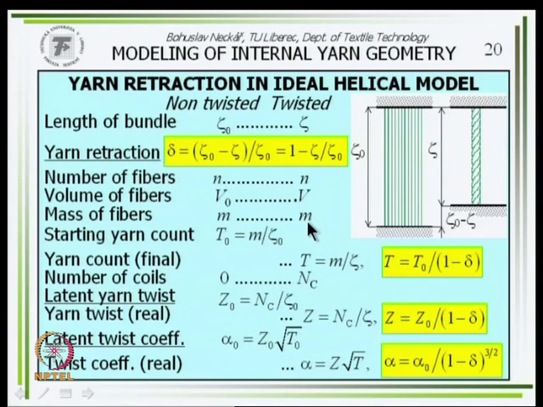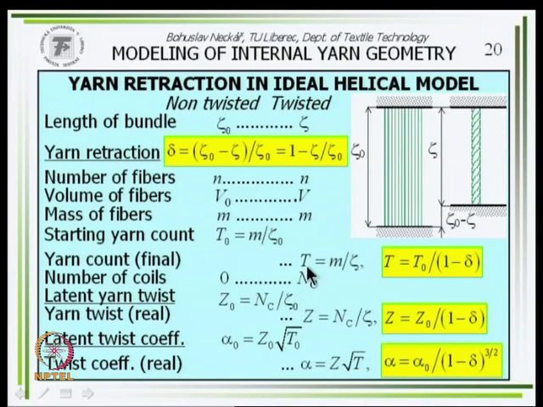After twisting, I will in short say yarn count, I mean linear density, for example in tex. The yarn count is now m by another length zeta. The relation between T0 and T, based on the definition of yarn retraction, is this one.